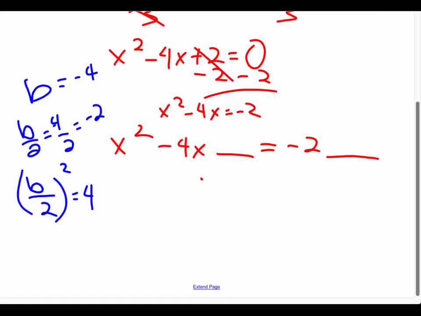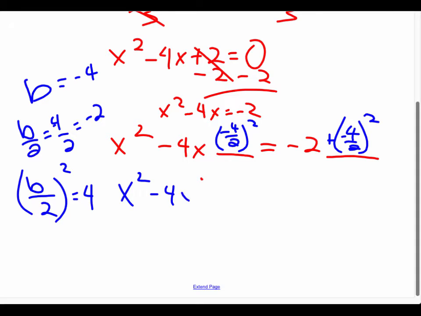But I'm going to write it this way just to let you guys think it through here. I'm going to add negative 4 over 2, squared. So my next line, I've got x squared minus 4x plus negative 2 squared, equals negative 2 plus negative 2 squared.